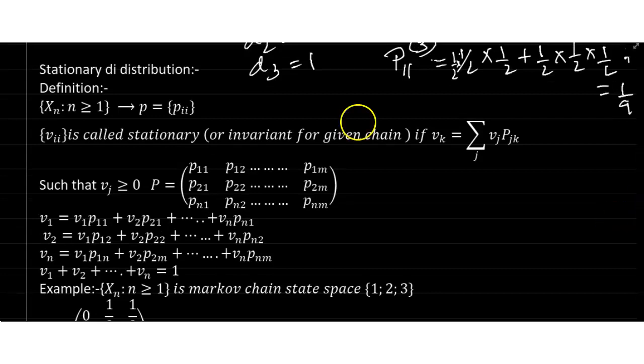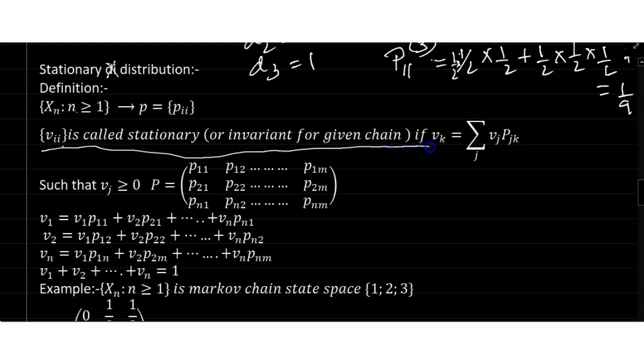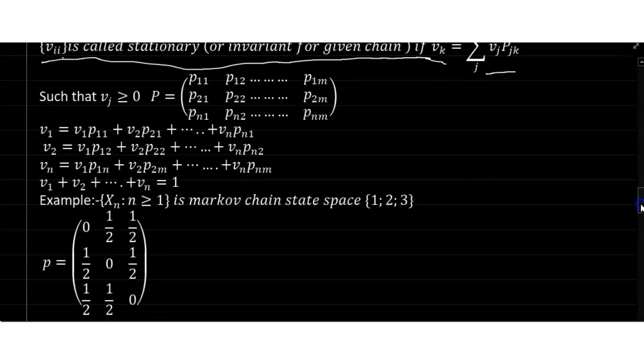Definition: let X_n, n greater than or equal to 1, have transition matrix P equals p_ij. V is called stationary and invariant for the given chain if v_k equals summation over j of v_j p_jk, such that v_j greater than or equal to 0, where P is the matrix with entries p11, p12, p1m, p21, p22, p2m, pn1, pn2, pnm, and v equals vP. This is the total formula of multiplications.